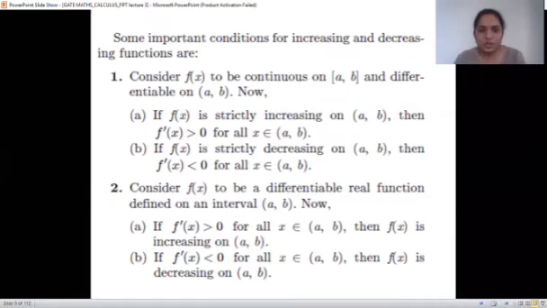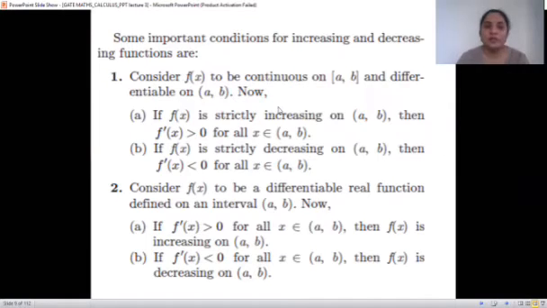So the first condition: suppose f of x is continuous in the closed interval [a, b] and differentiable in the open interval (a, b). Then if f of x is strictly increasing on [a, b], f dash x will be strictly greater than 0 for all x.